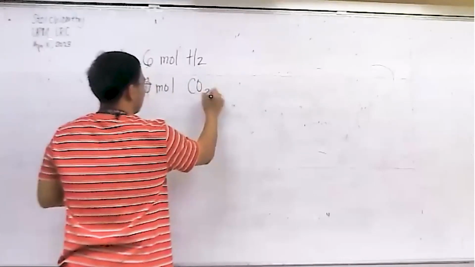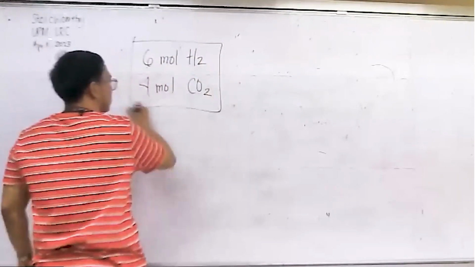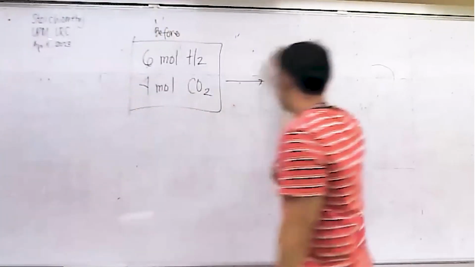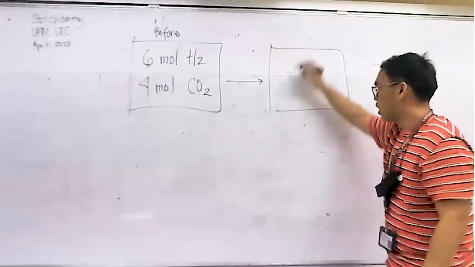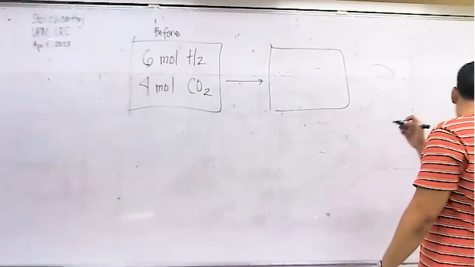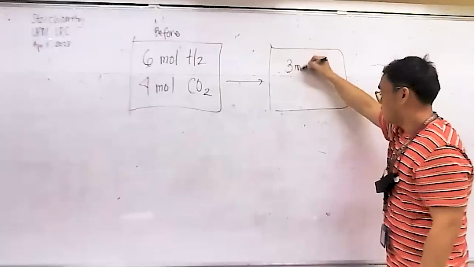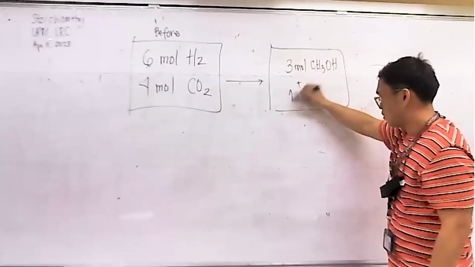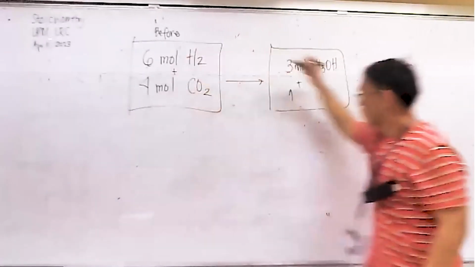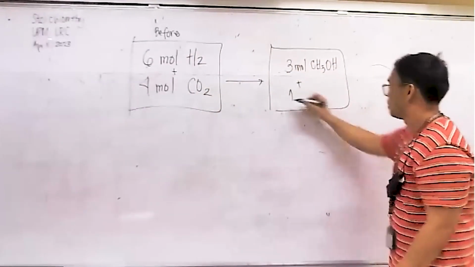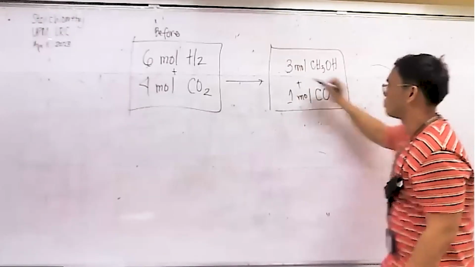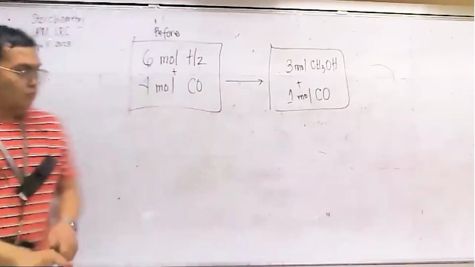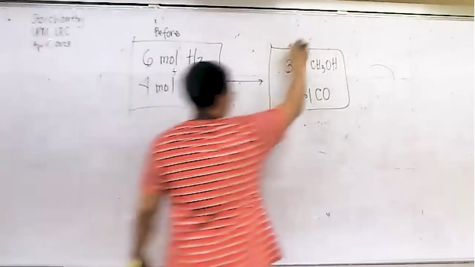This is before the reaction. Pero, when they mix, ang sabi po niya, you have 3 moles of your methanol. That's an excess of 1 mole of, sorry, this is not carbon dioxide. This is carbon monoxide. Yan, before, after. Sorry.